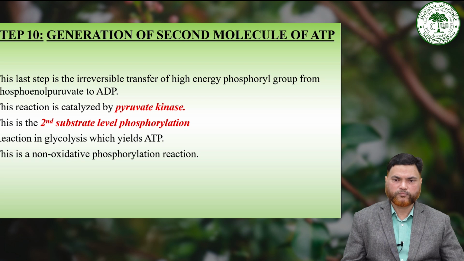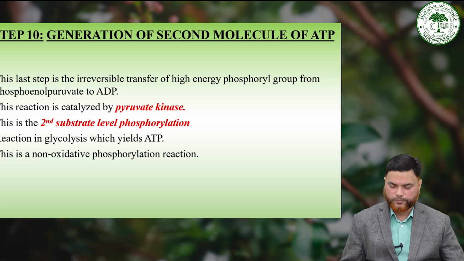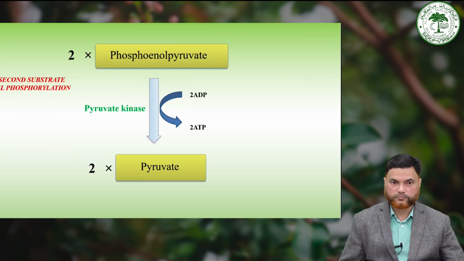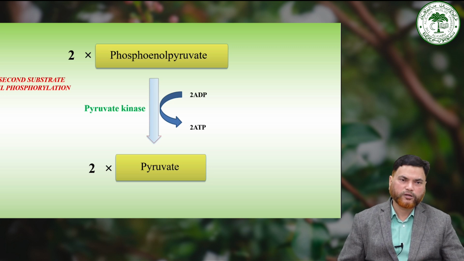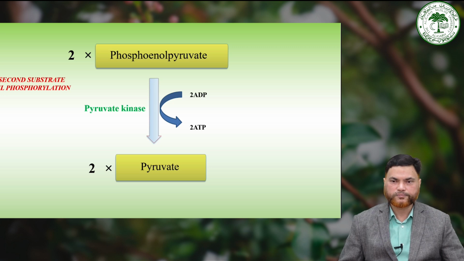Moreover, half of the energy released from the phosphoenolpyruvate hydrolysis is preserved in the ATP phosphoanhydride bond, while the remaining energy drives the reaction forward. So this is the sketch of the reaction, how phosphoenolpyruvate is converted into pyruvate. This is again a very interesting example of substrate level phosphorylation in glycolysis.